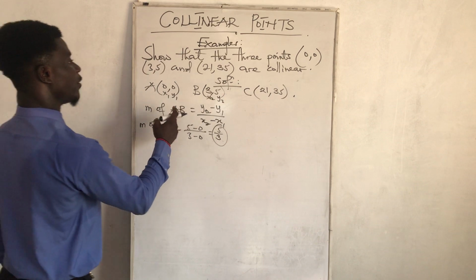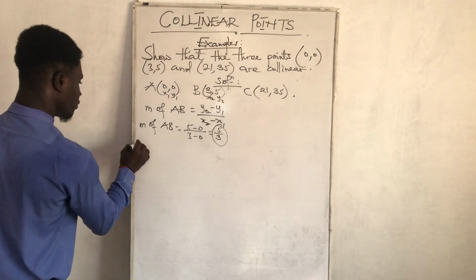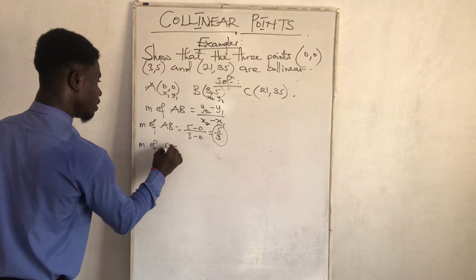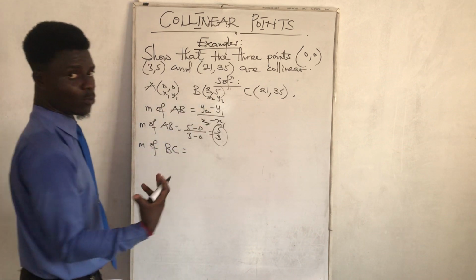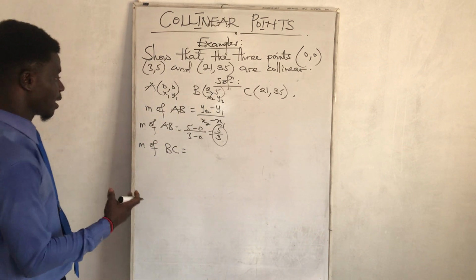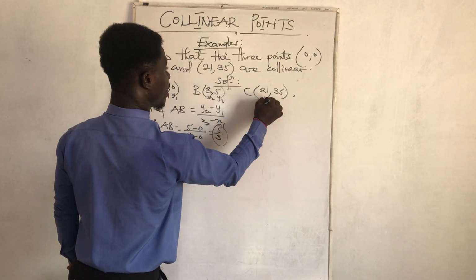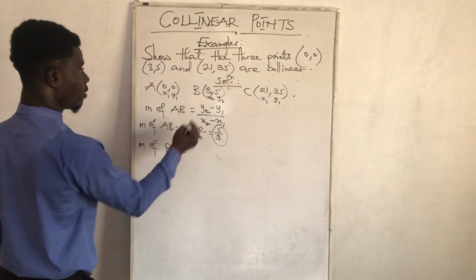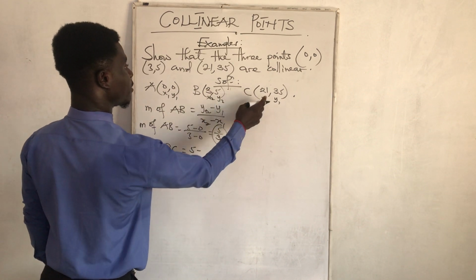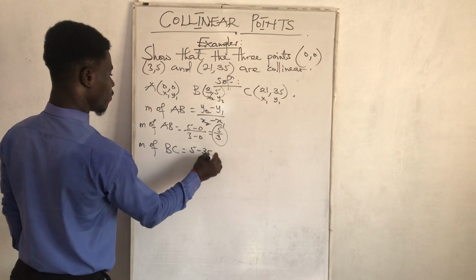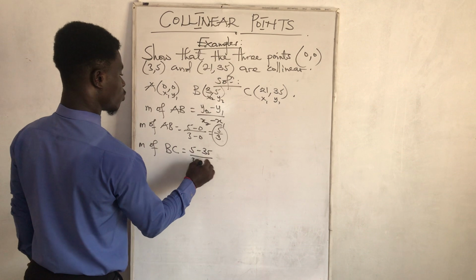Then let's see the gradient of BC. We have the formula there, y2 minus y1, all over x2 minus x1. So BC, x2, y2, then x1, y1. They are the same thing. So y2 is 5 minus y1, which is 35, all over x2, which is 3, minus x1, which is 21.